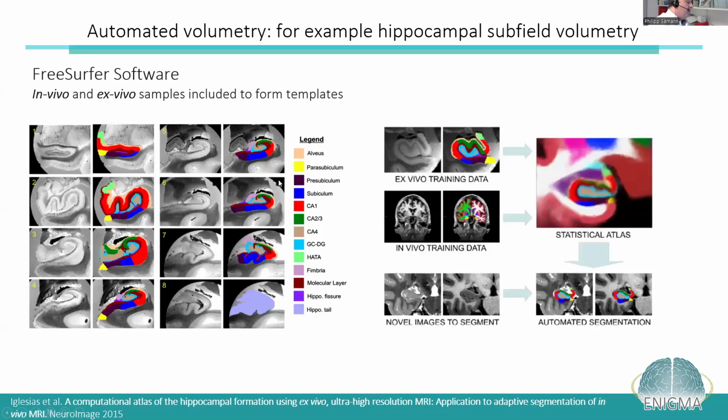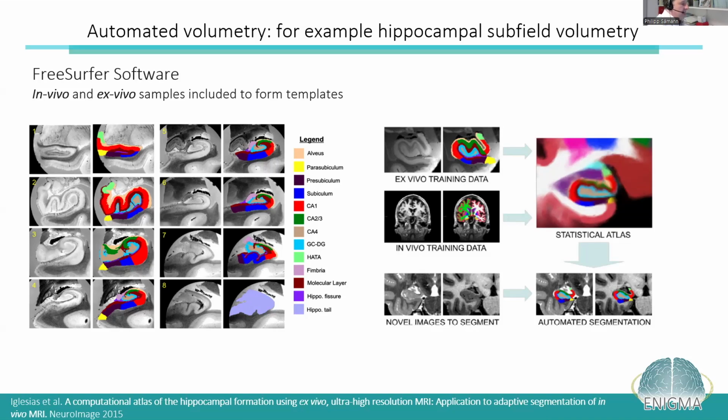There are now very advanced automated segmentation techniques, for example, to detect subregions of the hippocampus. They are computationally more extensive. They are mainly automated. They require either one channel or several sequence channels as an input.